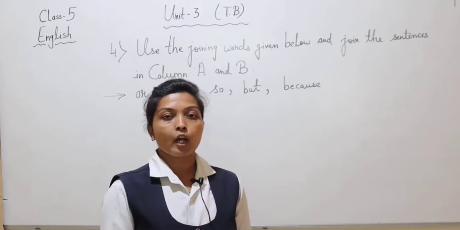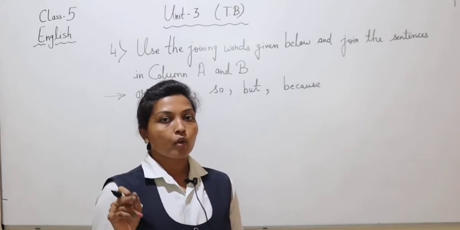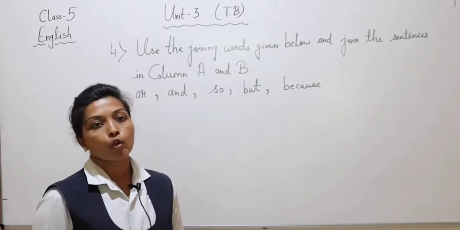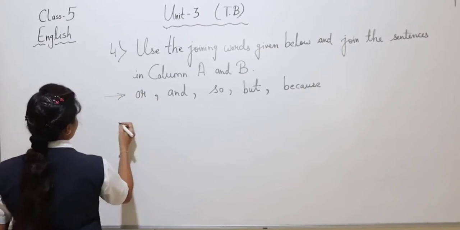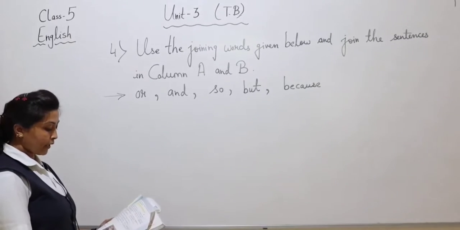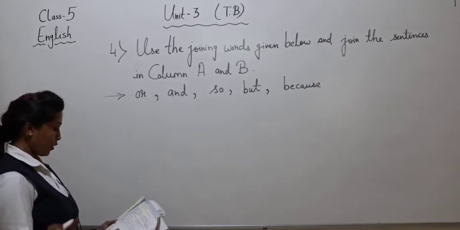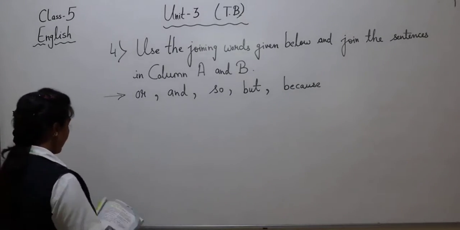You people write down in the given space in your textbook or in your notebook. One example is given: I wrote the letter but I forgot to post it. So now we have to write down the remaining 5 sentences.